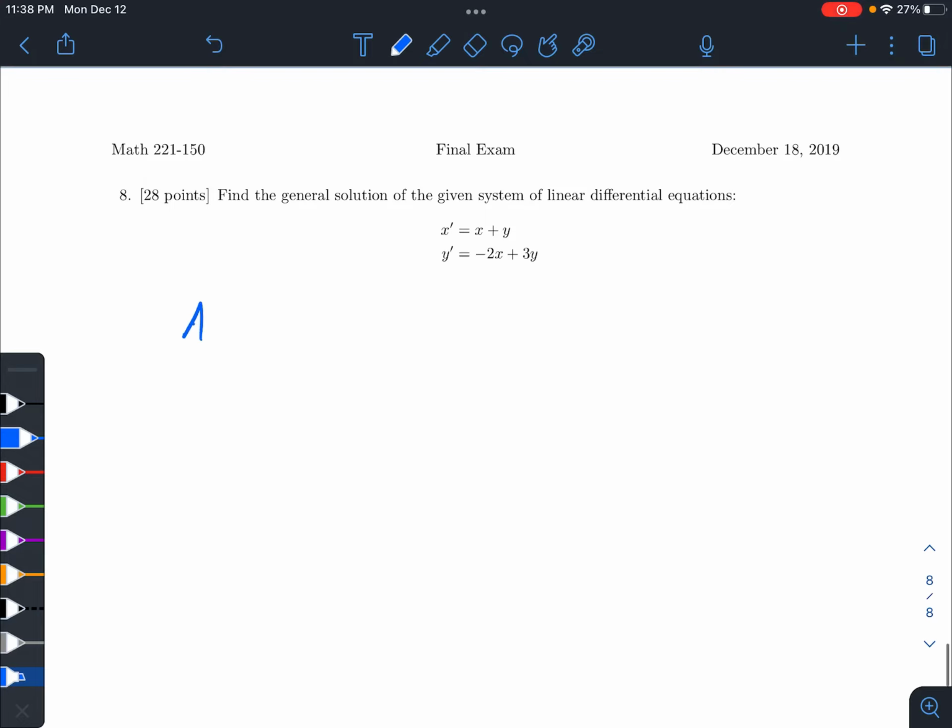Last thing, I don't want to do this. All right, 1, 1, negative 2, 3. Okay, so it's just general solution, so that'll be easy.